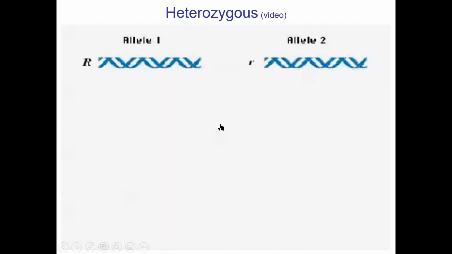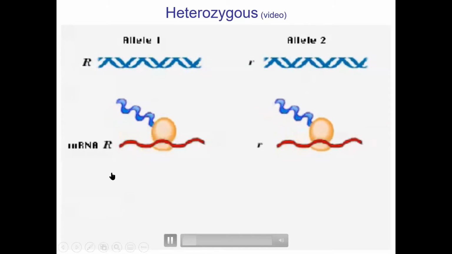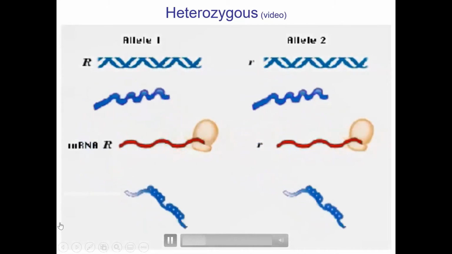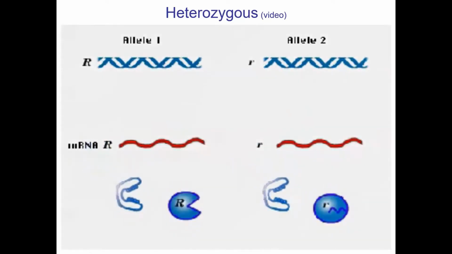So what happens if we have heterozygous? That means we have one allele of the functional enzyme and one allele of the non-functional enzyme. So in this case, let's watch and see what happens. So there's our RNA. The RNA is translated into protein. Proteins fold up. One of them is going to be a functional enzyme and one of them is going to be non-functional.